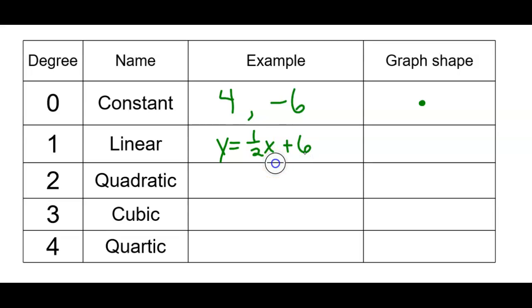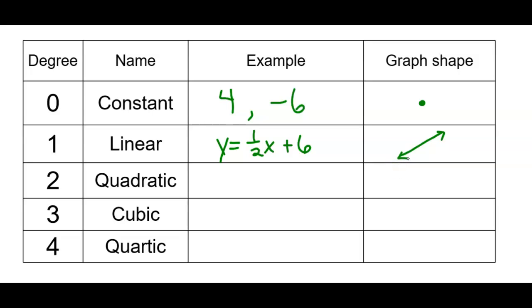What's the exponent on my x? It's going to be a 1. So that would be a linear equation, okay? What's my graph look like? It looks like a line, okay? This is a positive slope, so it would be a positive direction line.